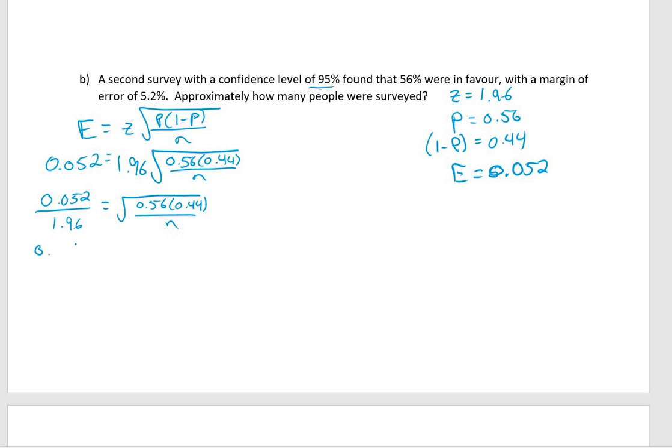So 0.052 over 1.96 squared is equal to 0.56 times 0.44 over n.